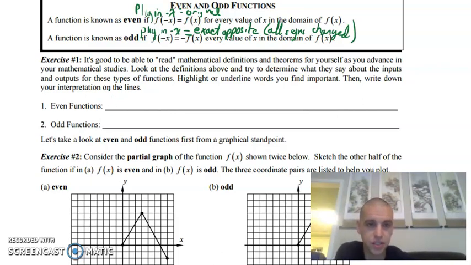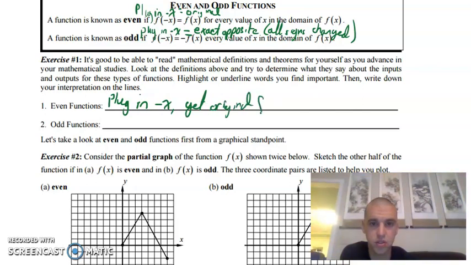But even functions: we plug in negative x, get the original back. Odd functions: plug in negative x, all signs change.